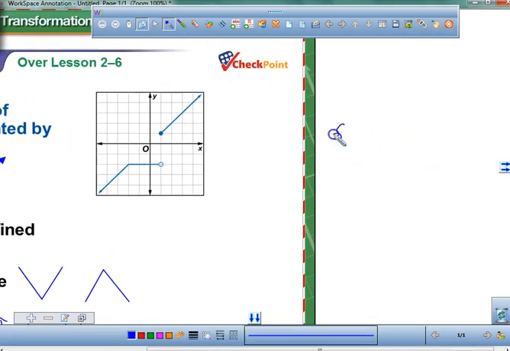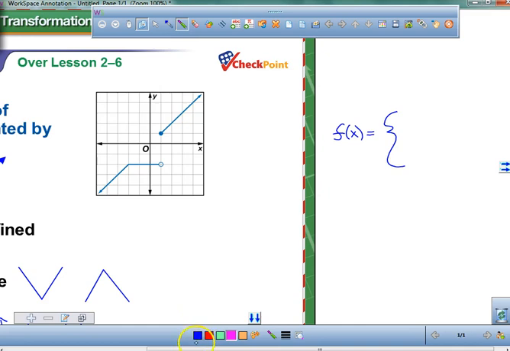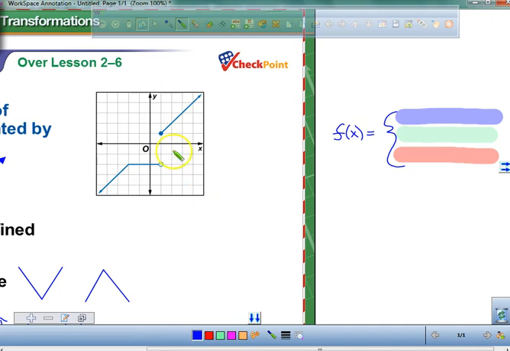I'm going to write f of x equals. We have three things happening. We're going to talk about certain sections. I'm going to make a blue section, a green section, and a red section.